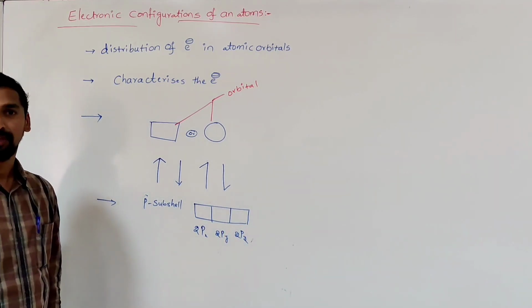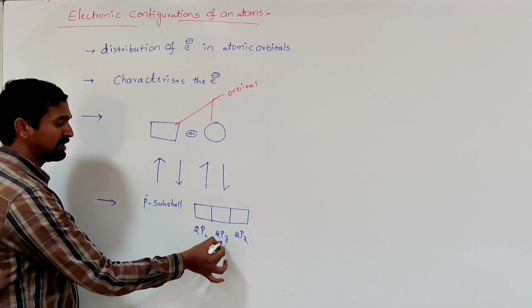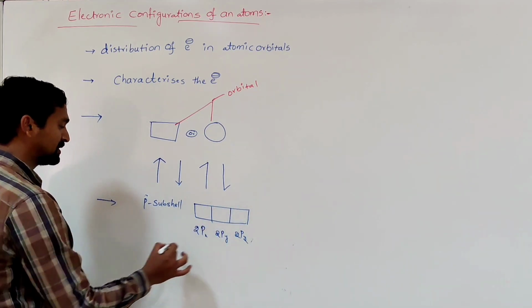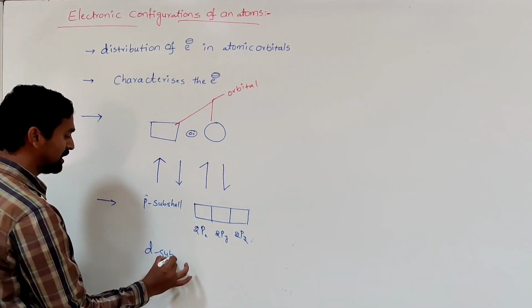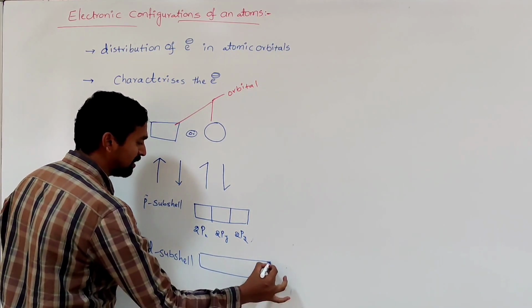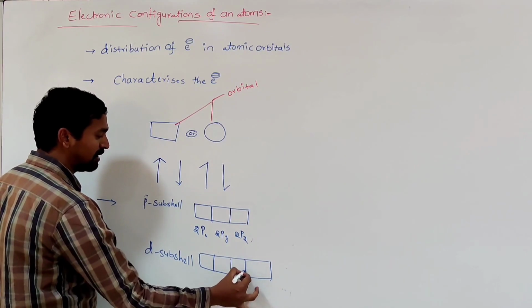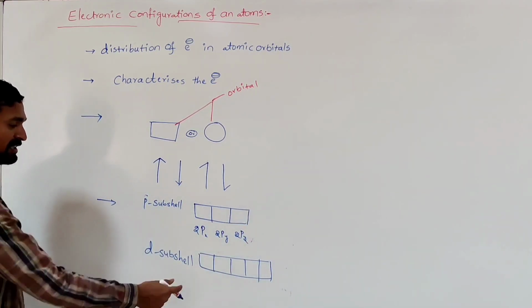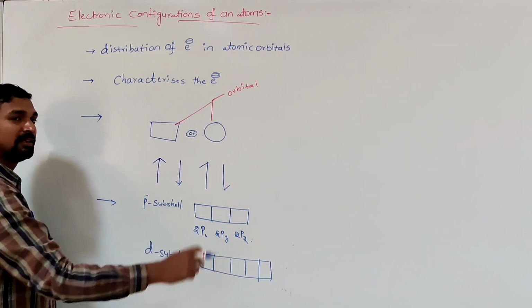If it is the third shell, 3px, 3py, 3pz. If the d subshell is there, in the d subshell 5 orbitals are there: 1, 2, 3, 4, 5. If it is the f subshell, there are 7.